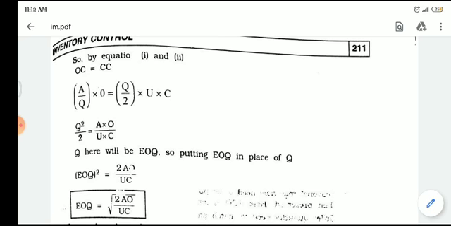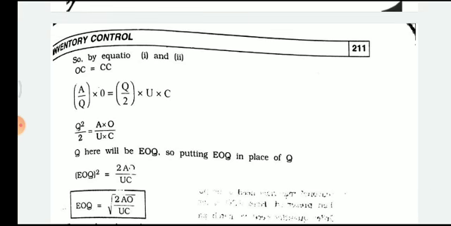So A into O divided by U into C. This Q will be the EOQ.